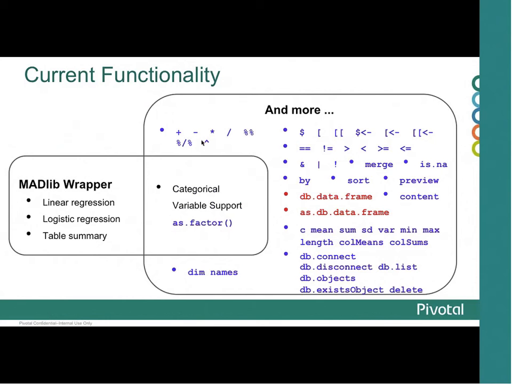You can specify categorical variables as factors, and many times, let's say in a regression context again, this provides a shortcut to prevent manual dummy coding of categorical variables. And currently, even in our first release of PivotalR, we have support for as factor on PivotalR objects.